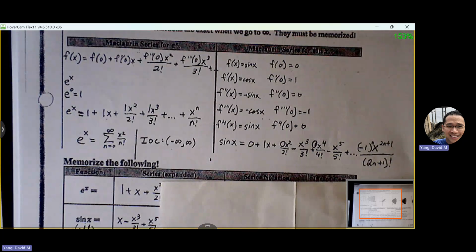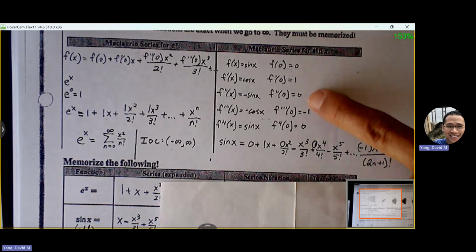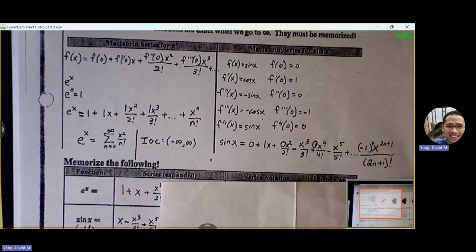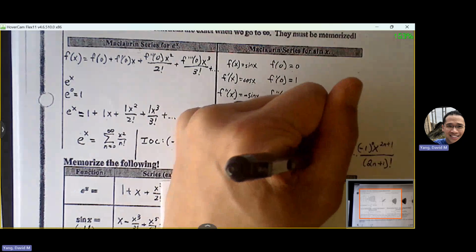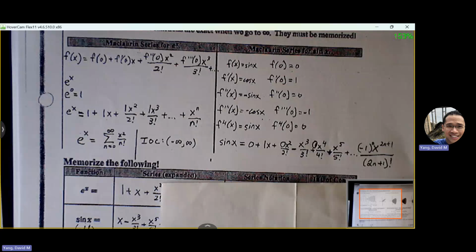And if you see, every other derivative is 0. So basically, it's going to wipe out every other degree. So it's only going to be the odd degrees that show up. It's going to be 1x minus x cubed over 3 factorial, plus, sorry, this should be plus x to the 5th over 5 factorial.